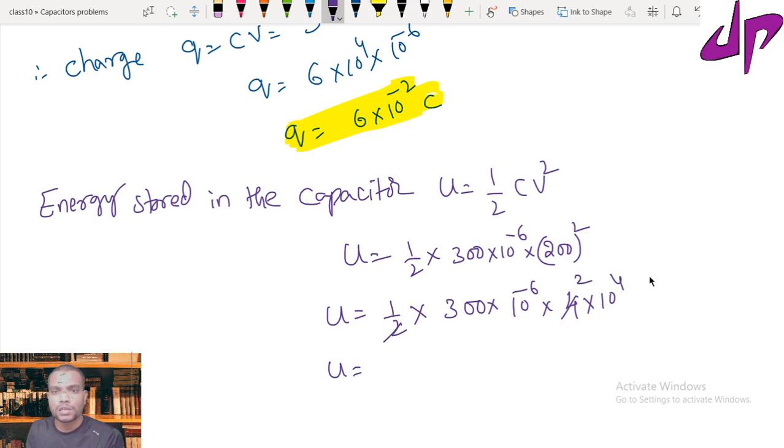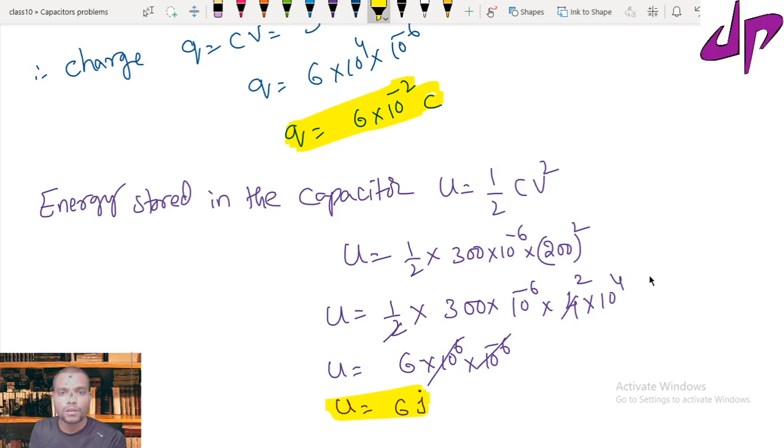The energy stored equals 6 times 10 power 6 times 10 power minus 6. It's an easy calculation: the 10 power positive 6 and the negative 6 both get cancelled, and we got that potential energy U equals only 6 joules. In this case, potential energy U equals 6 joules.